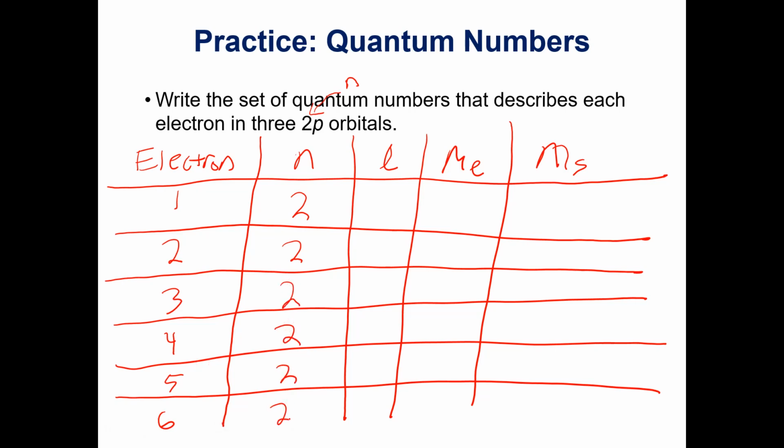And for a p orbital, we said that l equals 1, so all of these have an l value of 1.